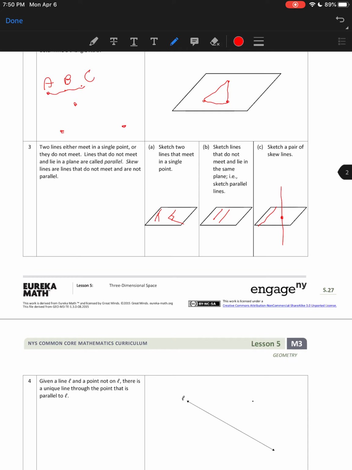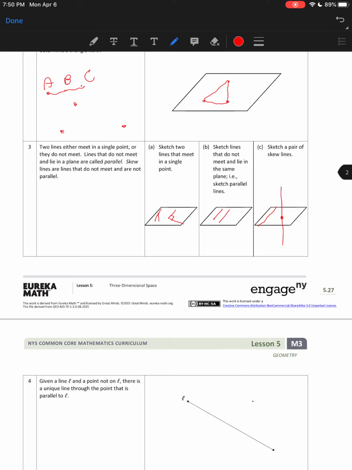So you imagine this line is on the left side of the paper. This is a little more on the right, and it's going through. And notice that these lines here are not parallel, right? But they'll never actually touch each other. So these are called skew lines, and it's only possible in 3D space.